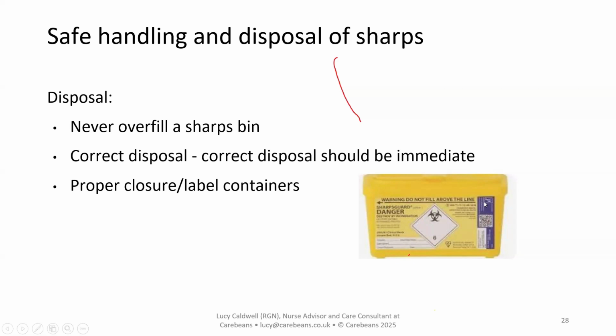There you go, you've got your line there. So the minute you see it's getting up to that line, or when it's reached that line, that's it, it's to be used no more. You can slide over, it clicks closed, and then you dispose of that correctly, again in line with your disposal of sharps.